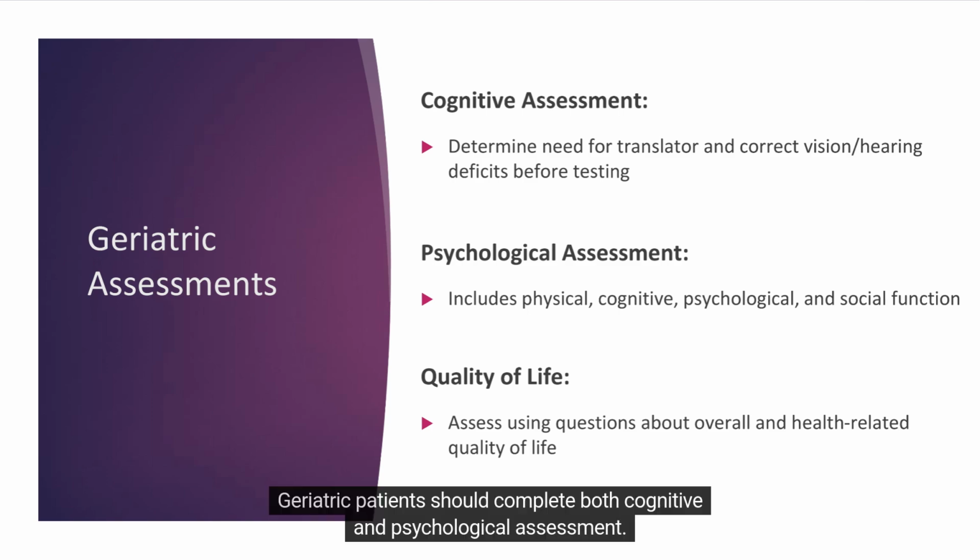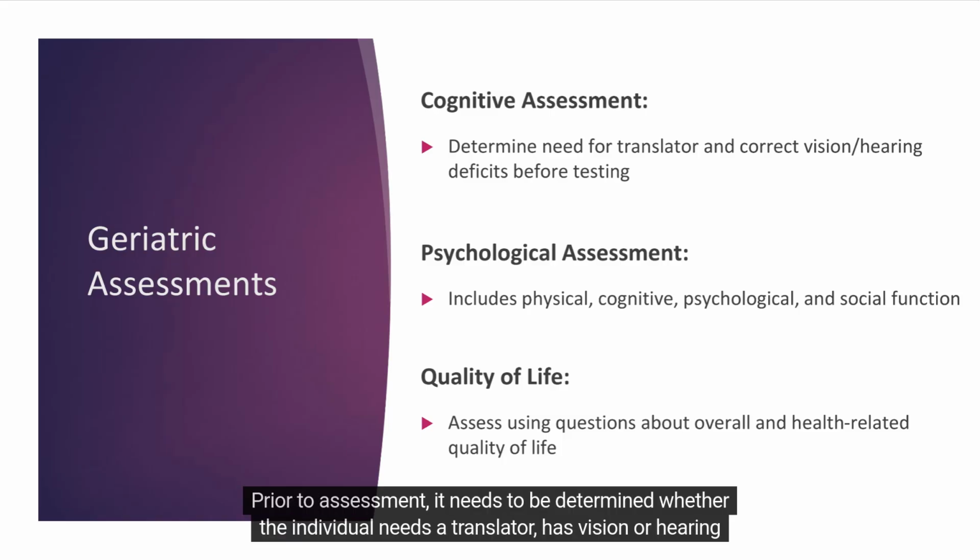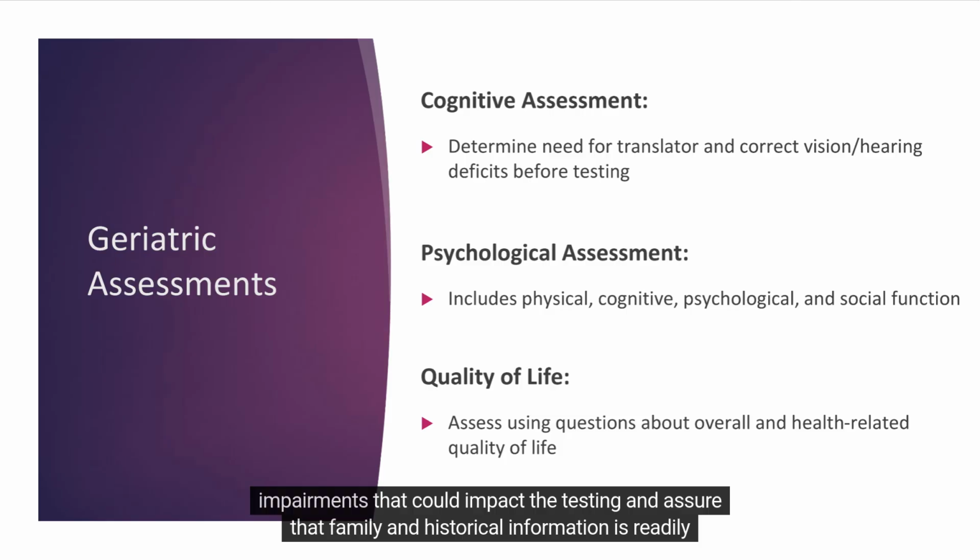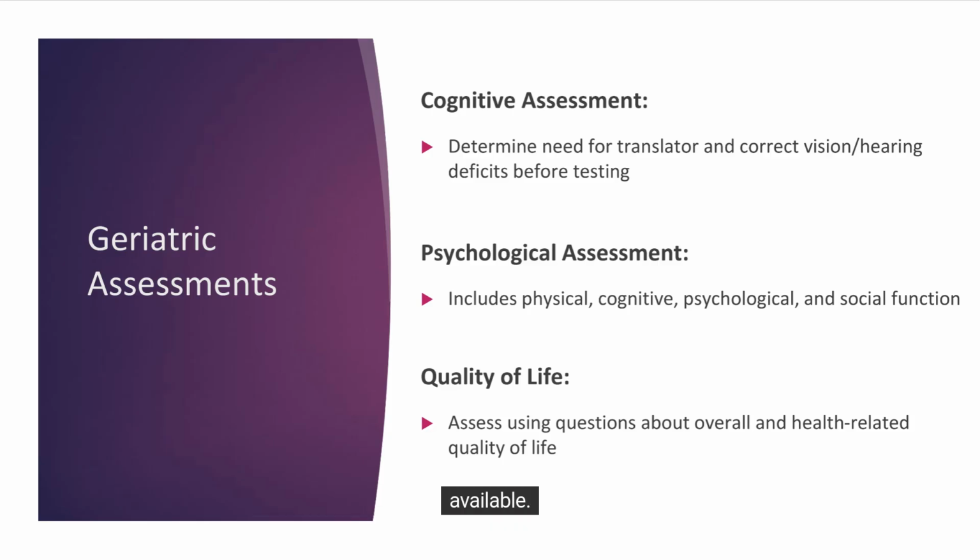Geriatric patients should complete both cognitive and psychological assessment. Prior to assessment, it needs to be determined whether the individual needs a translator, has vision or hearing impairments that could impact the testing, and assure that family and historical information is readily available.